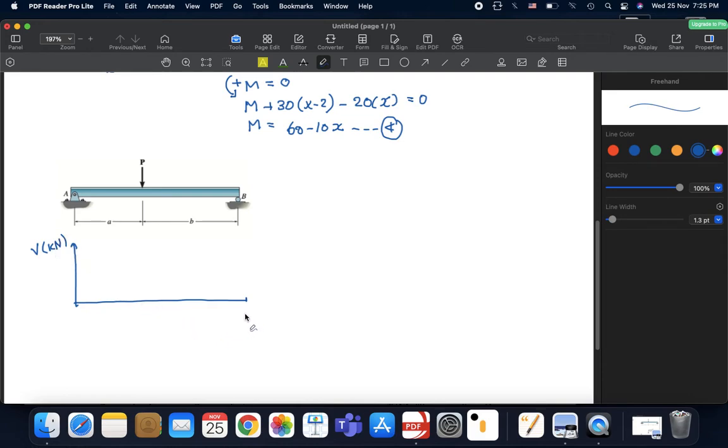And this is x, or length, in meters. So here we have 2 meters, right? Remember, this is 2 meters. And this is 4.